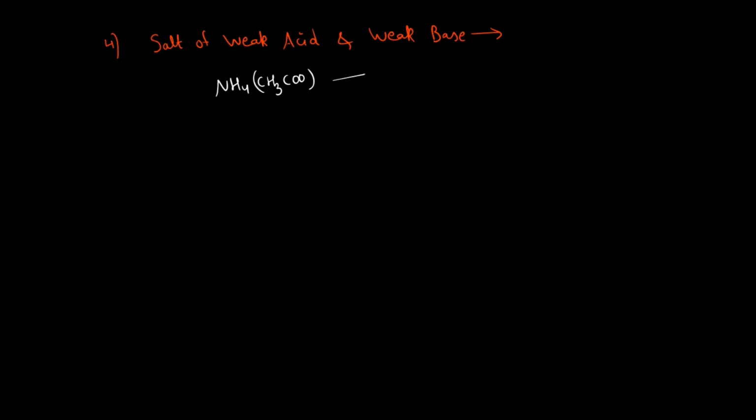Now take an example of the fourth category, salt of weak acid and weak base, for example ammonium acetate. So when we dissolve ammonium acetate in water, we will get ammonium ion and acetate ion, CH3COO negative.